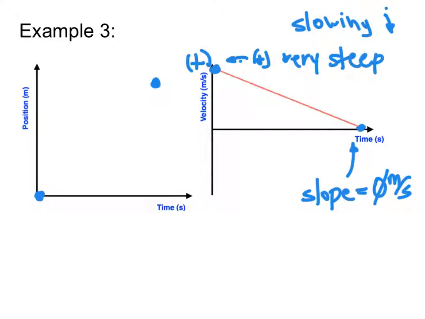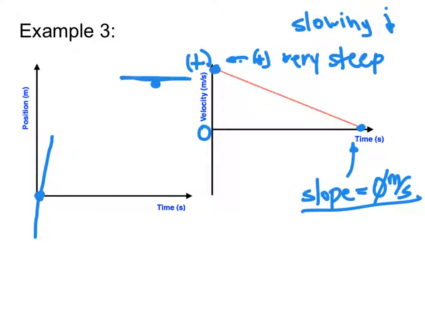Rather, we have to draw a tangent line with a slope of 0 because its velocity is 0. So for the first line, we have to draw something that's positive. It's got a tangent line that's very steep and very positive. And then we've got a tangent line with a slope of 0.